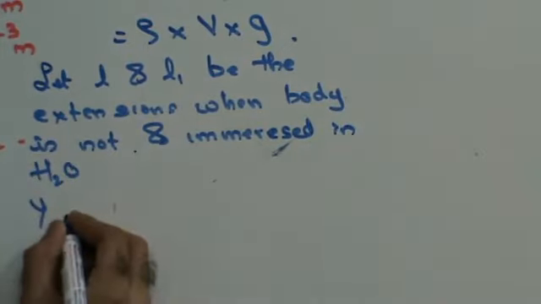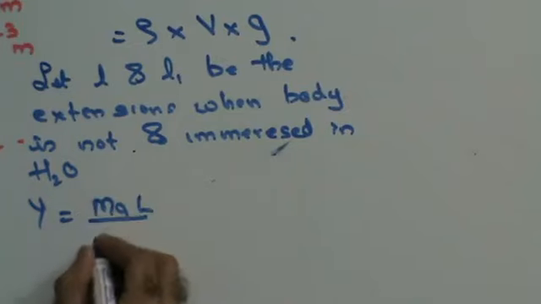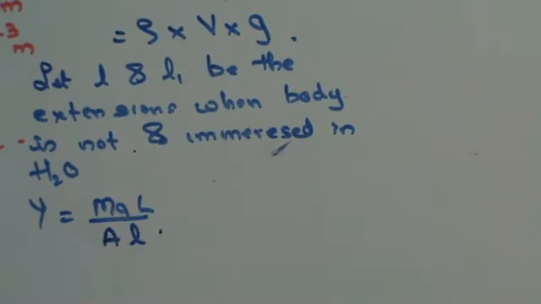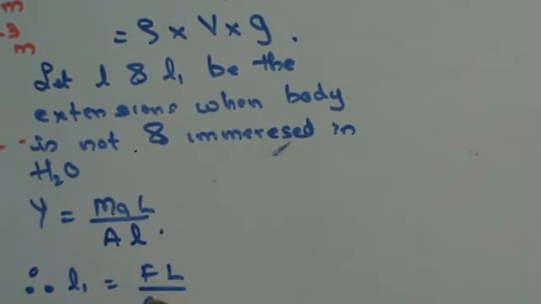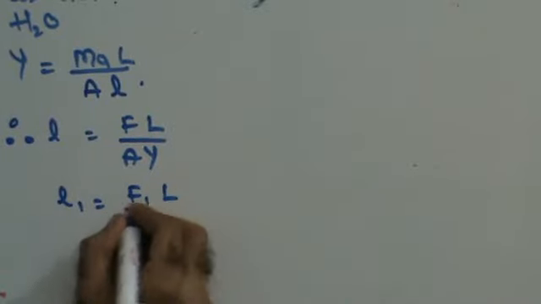By Young's modulus, Y is equal to mgl upon pi r square L, which is nothing but AL. Now mg can be written as F, so L is equal to FL upon AY. Similarly, L1 is nothing but F1L upon AY.